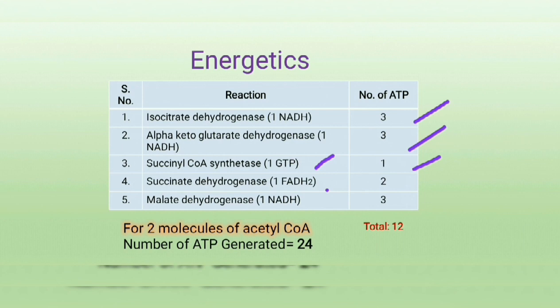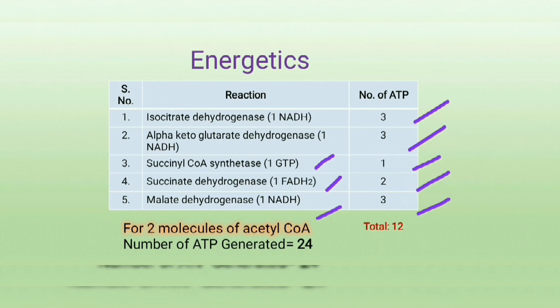And we have one FADH2 which is produced by succinate dehydrogenase and which counts to 2 molecules of ATP. And the last enzyme in the pathway is your malate dehydrogenase, which produces 1 molecule of NADH and counts to 3 molecules of ATP.